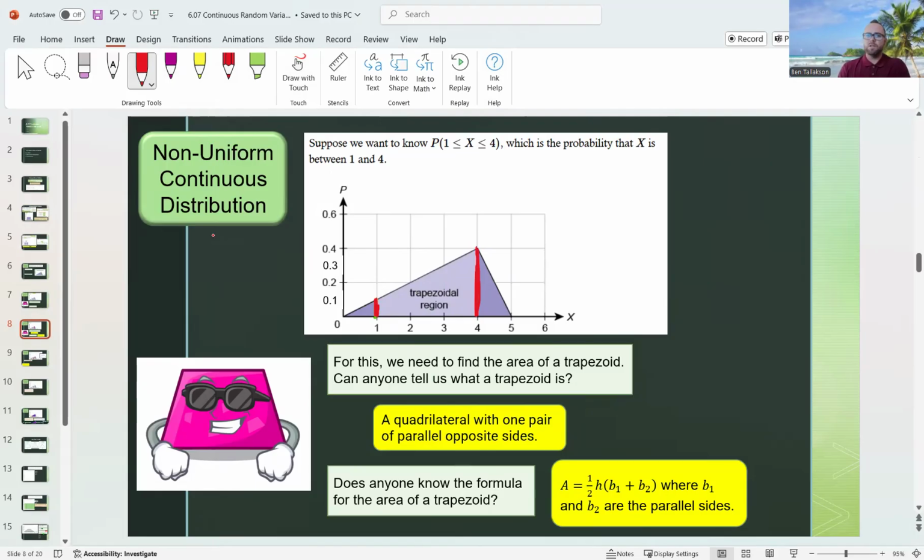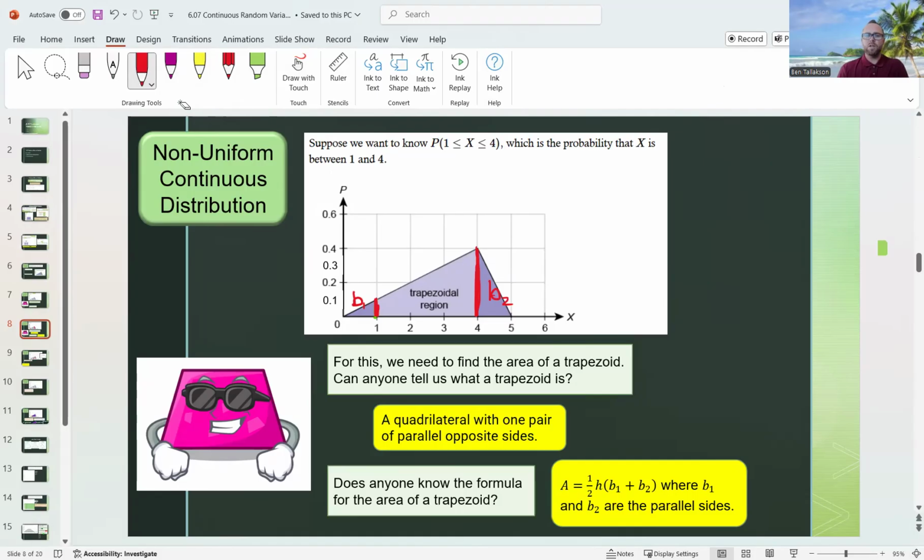And here's our formula. Area equals half height times B1 plus B2. Those stand for base. But what is B1 and B2? Well, these are the parallel sides, and it doesn't matter which is which. You can label this side as B1, this side as B2, or vice versa.